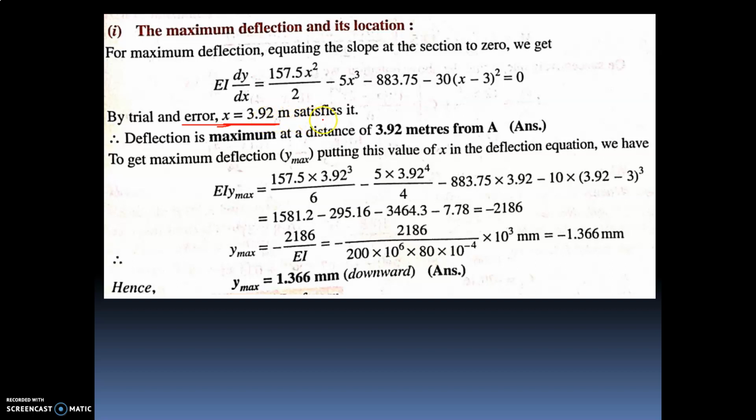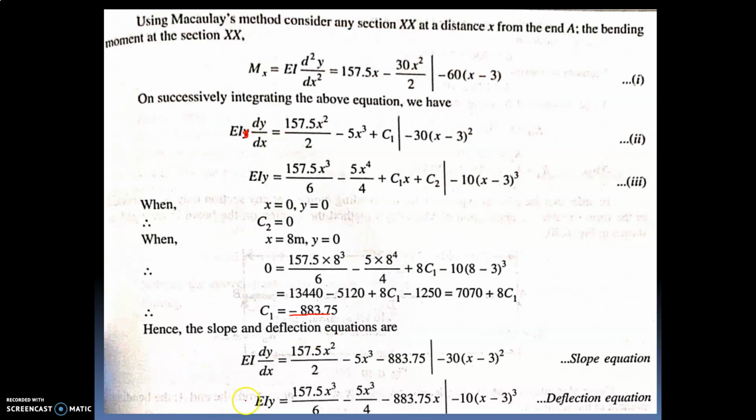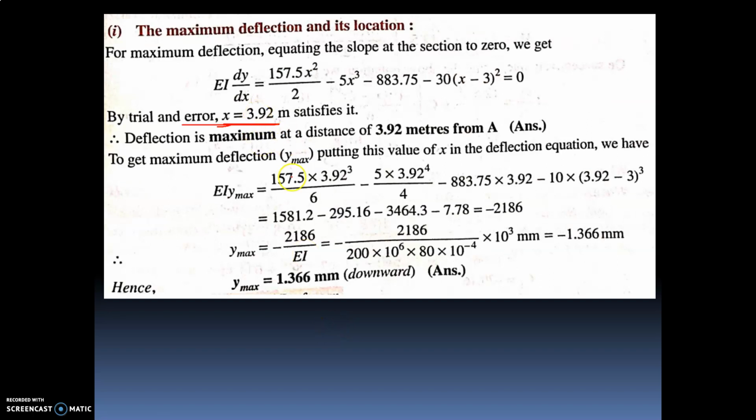Once you get 3.92, then you can find the maximum deflection. So use the deflection equation. In this equation, substitute x is equal to 3.92.